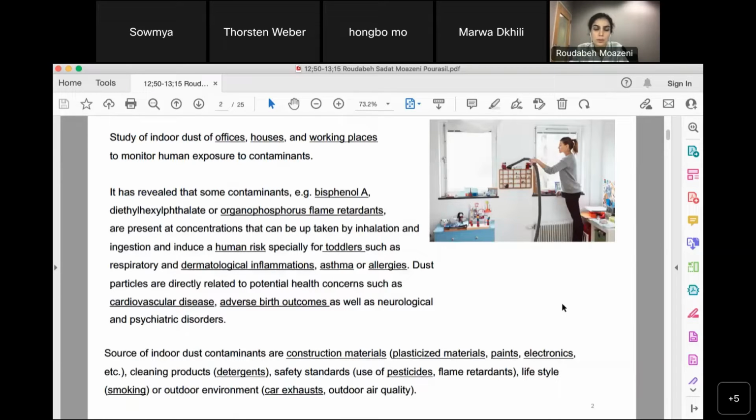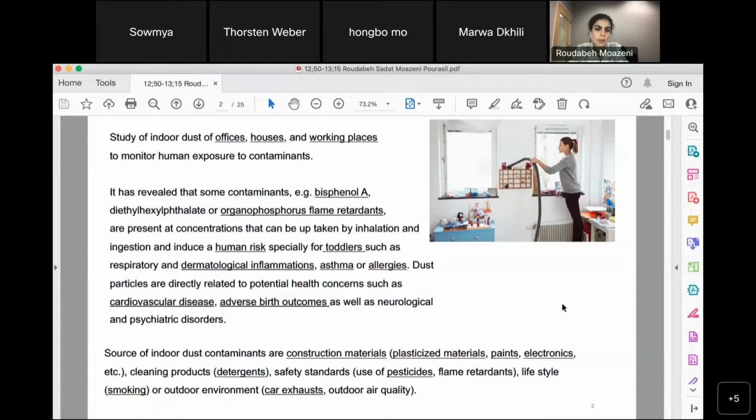As you know, nowadays most people spend their time mostly in offices, houses, and workplaces. It has been revealed that indoor dust samples contain contaminants which cause dermatological inflammation, asthma, allergy, cardiovascular disease, and adverse birth outcomes, especially for toddlers.